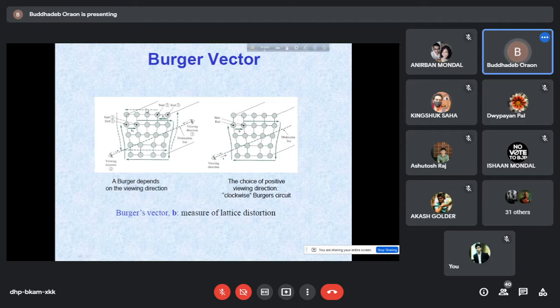But since there is this extra half plane and there is a defect, when you are forming the loop, you will find that the starting point and ending point are not coinciding, and the vector you will have to take to close that particular loop is known as the Burgers vector.